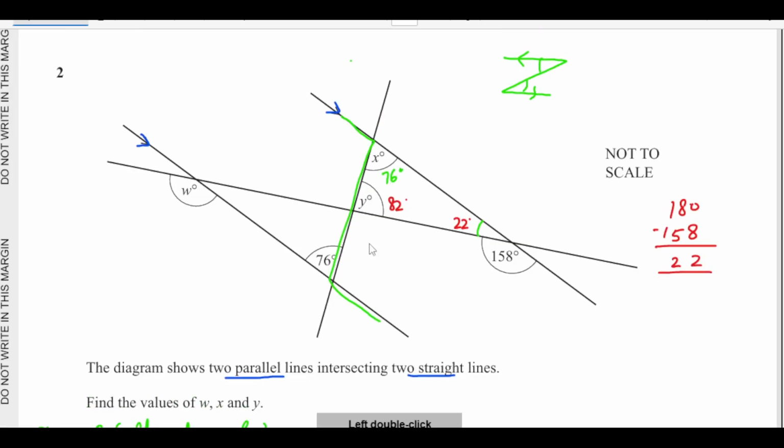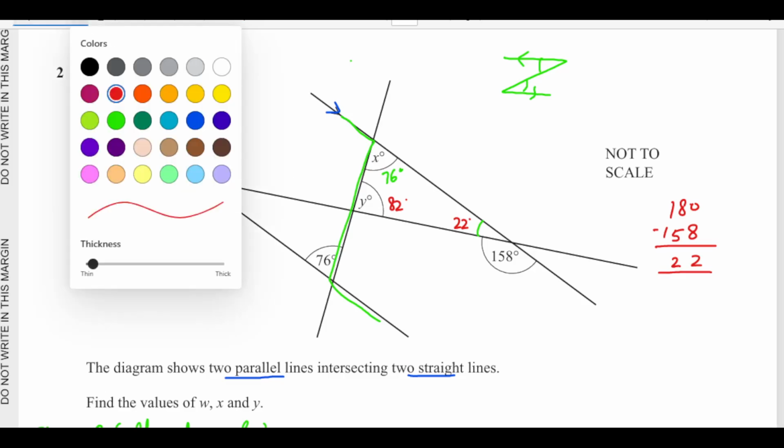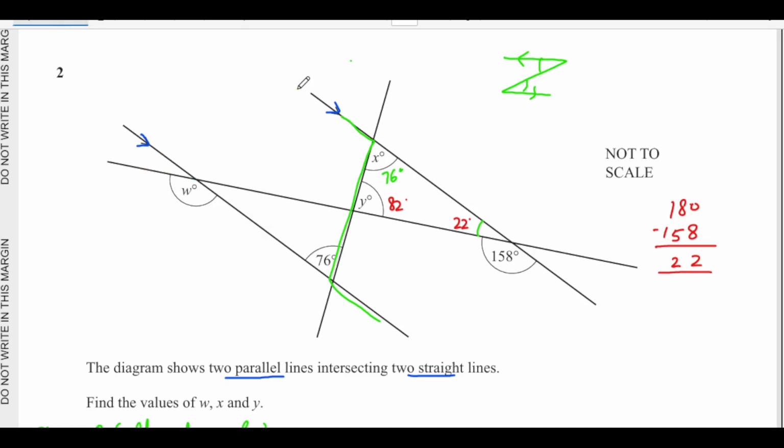Then we will find w. Try to see the relationship between w and any other angle that is given. We are given 158, which we have used already, but even if we try to relate, you see this and this is an F shape. So this angle and this angle are corresponding, and these two lines are parallel.